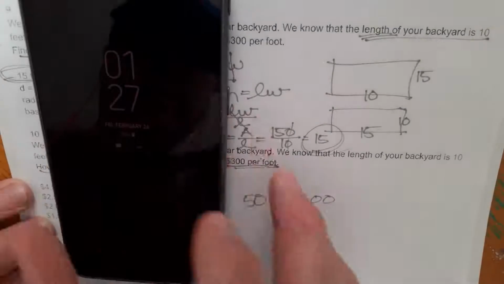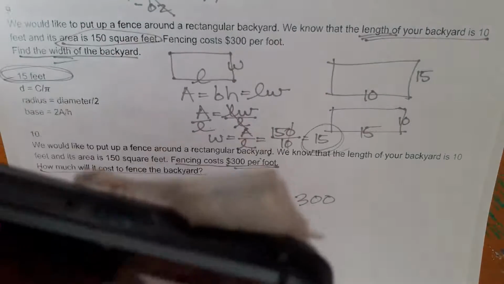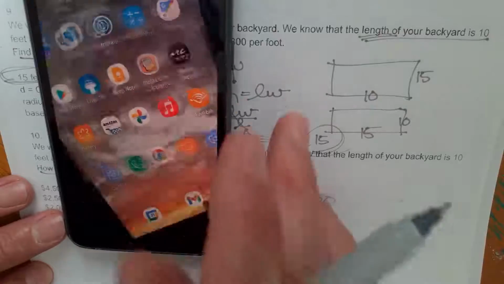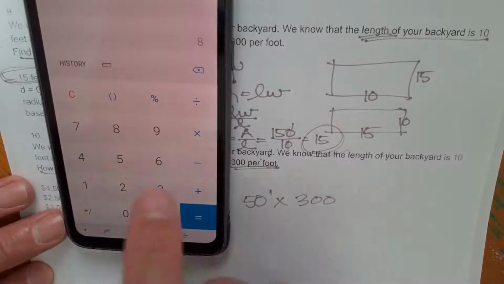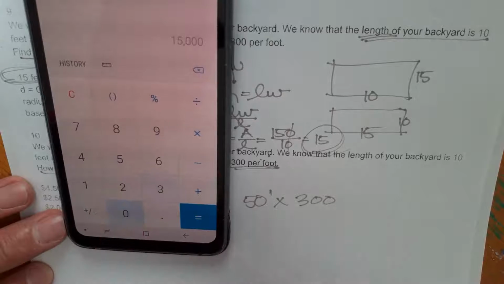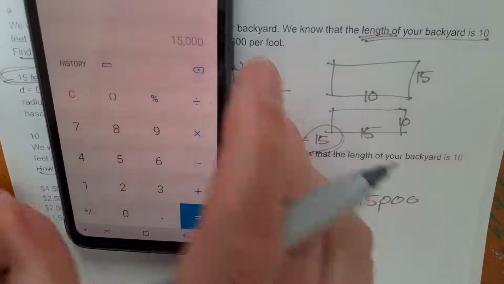Right? I'm not sure I like my answer choices popping up here. Finally, let's do 50 times 300. So I see 15,000 as my answer here.